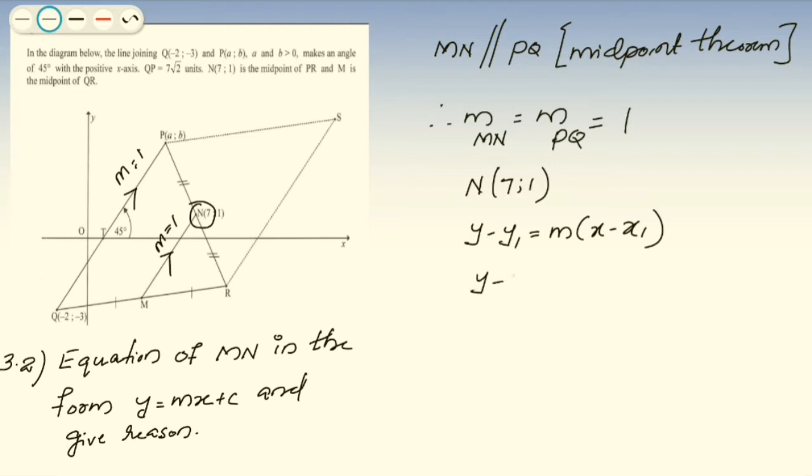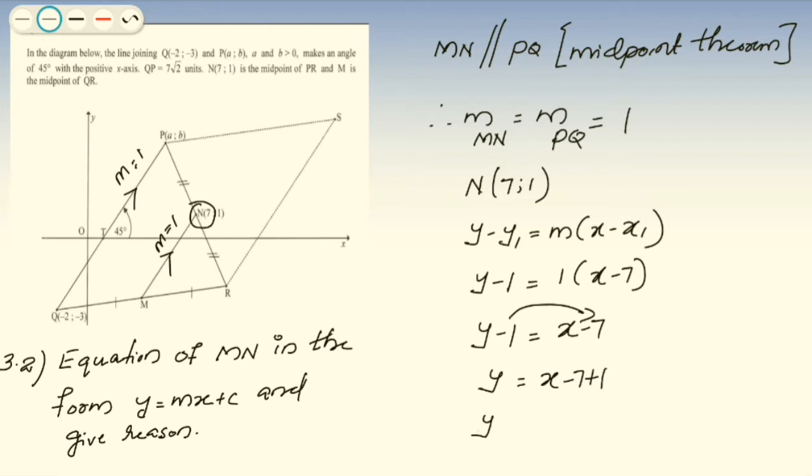That is y minus 1 is equal to 1 times (x minus 7). Now simplify. y minus 1 is equal to x minus 7. They want the answer as y is equal to mx plus c, so minus 1 has to go to this side. That is x minus 7 plus 1. So the final answer is y is equal to x minus 6.